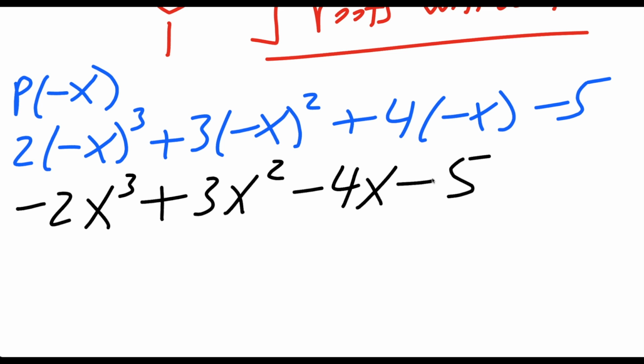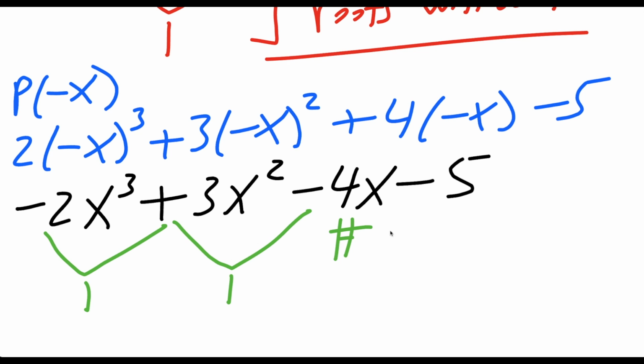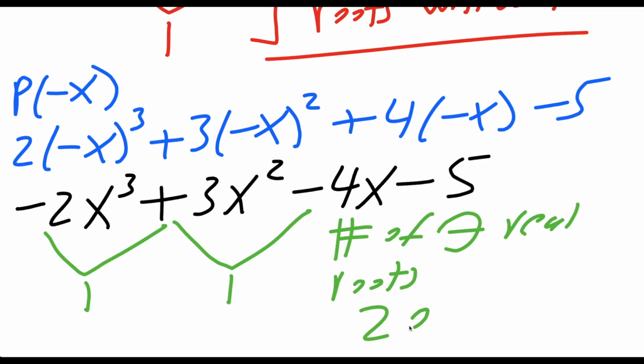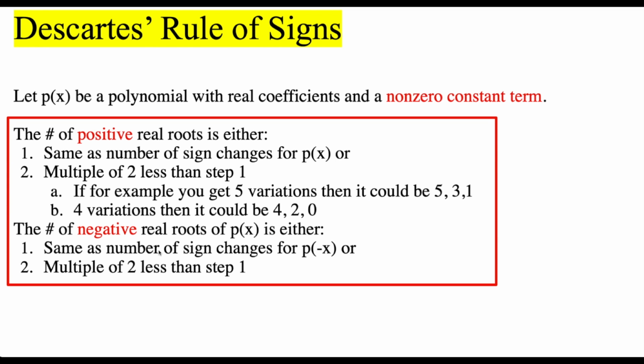And now we're going to do the exact same thing. We're going to count our variations. We went from a negative to a positive, that's 1. We went from a positive to a negative, that's another 1. So we have 2. So the number of negative real roots will be 2, or, there is an or here, same as the number of sign changes for p of negative x, we got 2, or a multiple of 2 less than that.